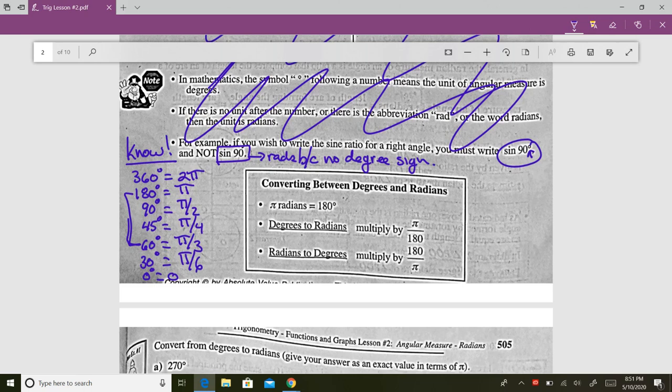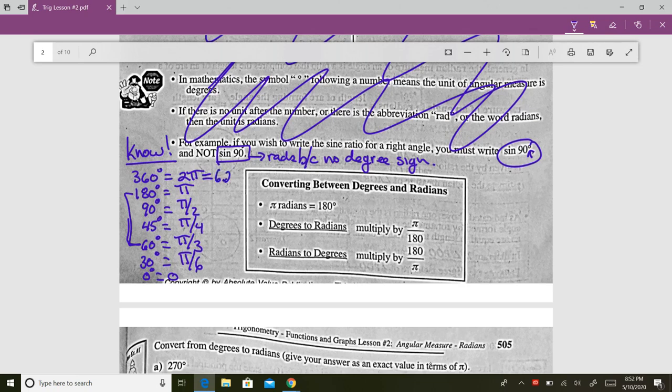You could also do this. The common ones usually just write as 2 pi. But if you went 2 times pi on your calculator, 3.14159, you're going to get 6.28318.